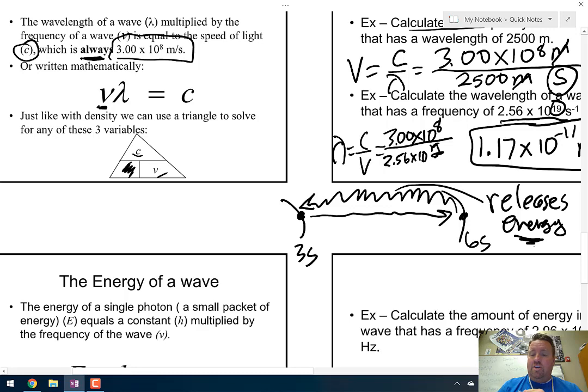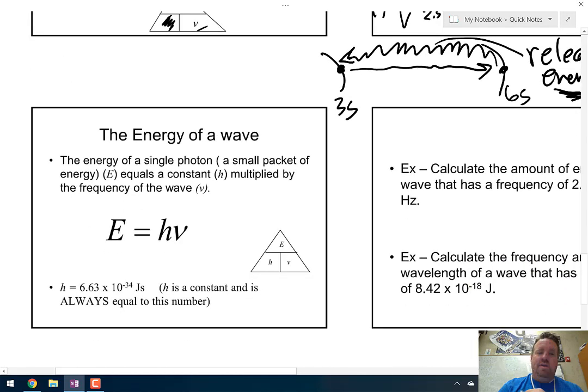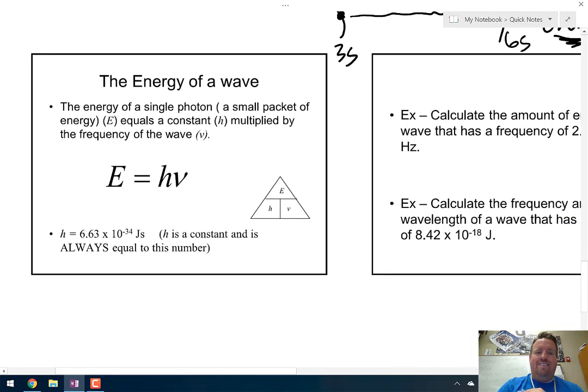Now, how much energy gets released comes back to this equation right here. It has to do with the frequency. This is the energy of a single photon, and we'll talk about what that means in just a second. The energy, capital E, is equal to something called Planck's constant. A German physicist named Max Planck came up with this equation, and so they named this constant after him.